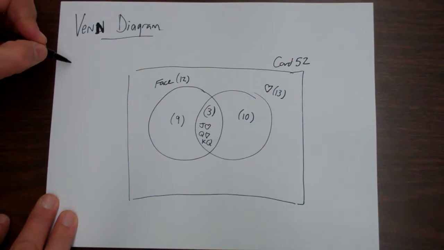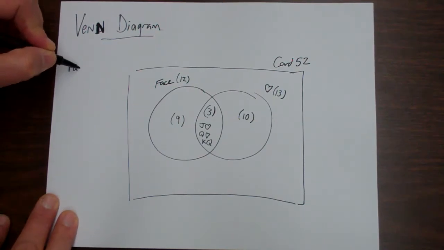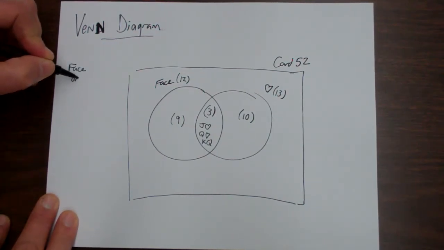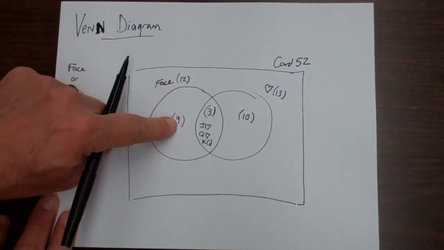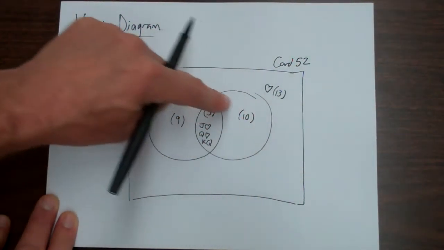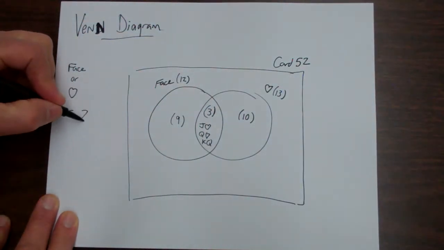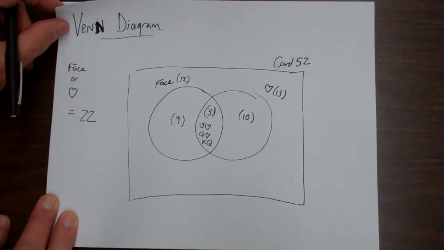If you wanted to count them up, how many face cards or hearts are there? There's 9 plus 3 plus 10, so there's 22 total. So we can see that on a Venn diagram in general.